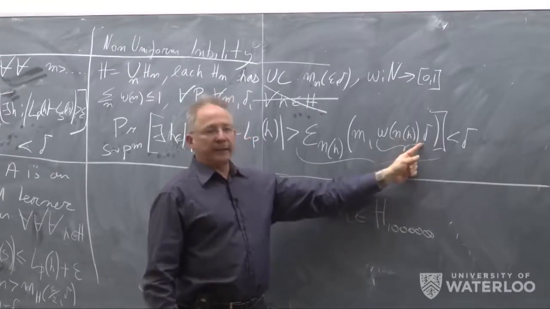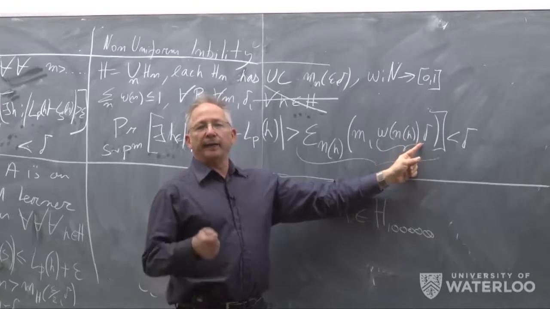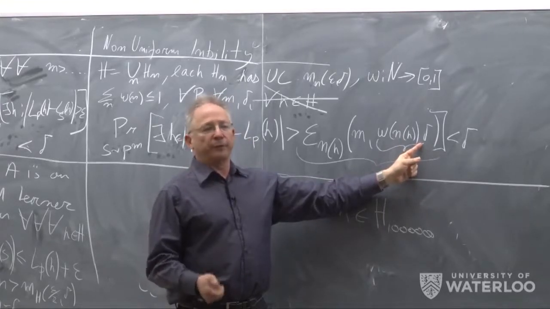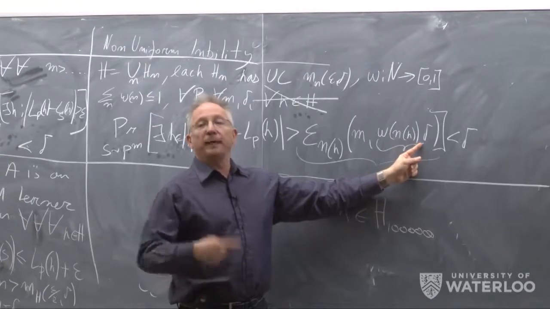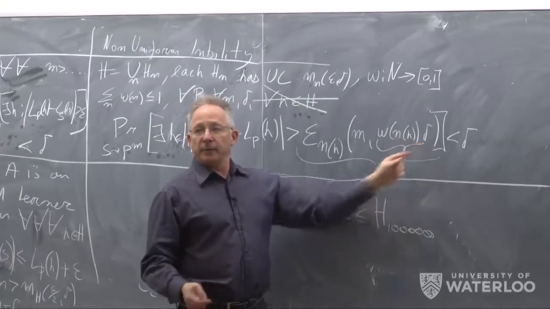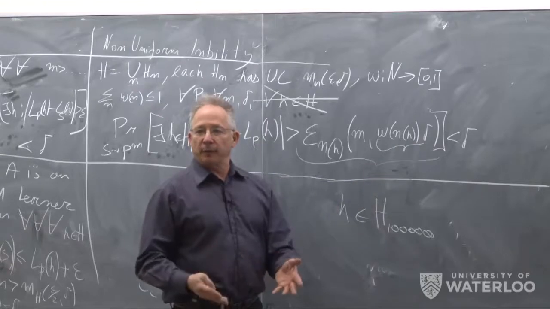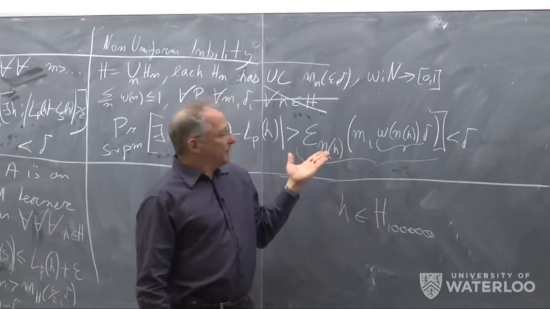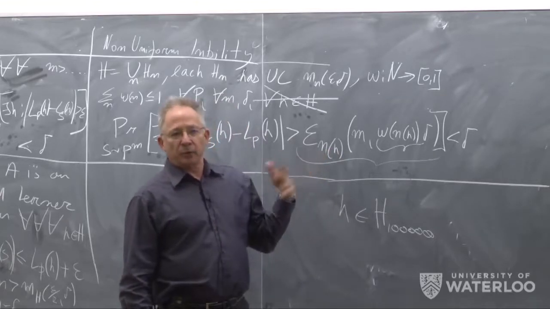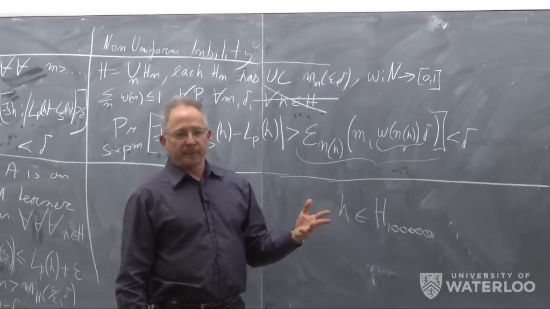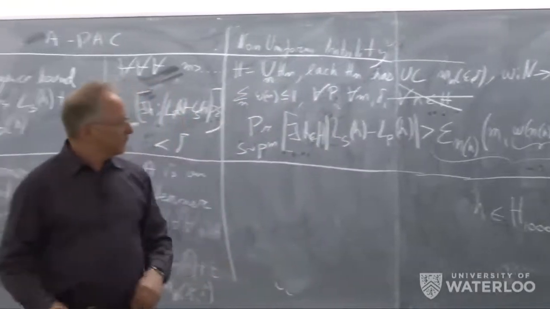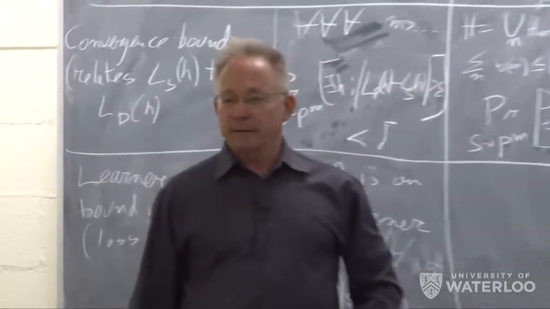So I require here a very high confidence. The probability of error should be very, very small, the probability that I'll miss. So if the probability that I'll miss is very, very small, and m is fixed, I cannot guarantee it for a small epsilon. Epsilon should be very loose. Does it make sense?